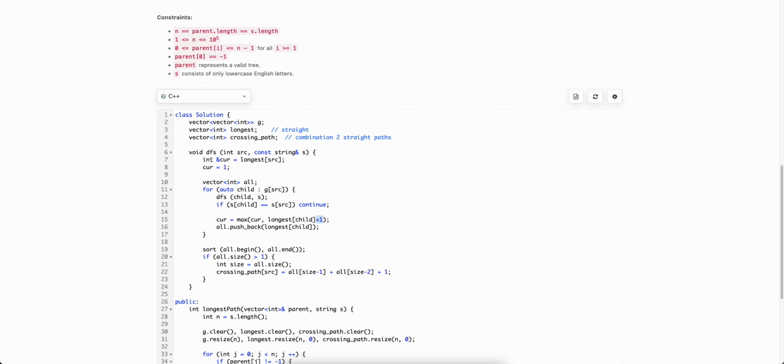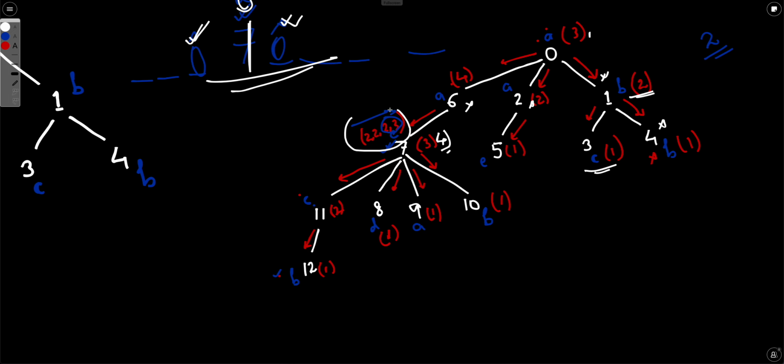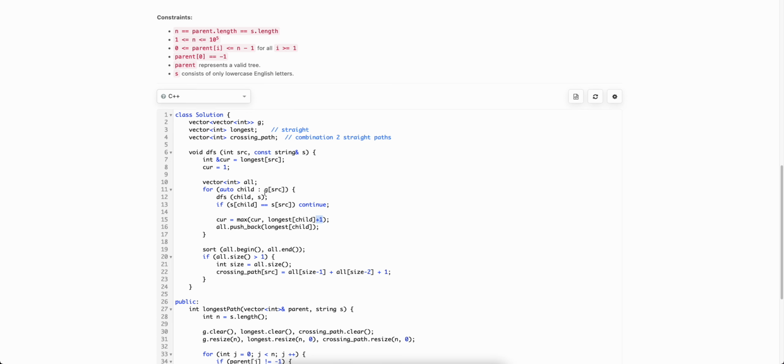And as we have discussed, we have to build this candidate list as well, so that we can sort it and get the largest 2 while calculating the cross paths. That's where I am building the candidate list. Notice that we have already skipped all those children which have the same character. So after this, it will contain all the candidates for the current node.